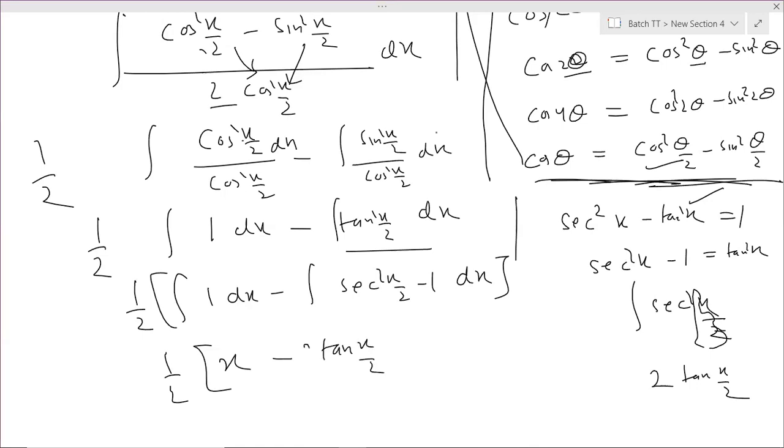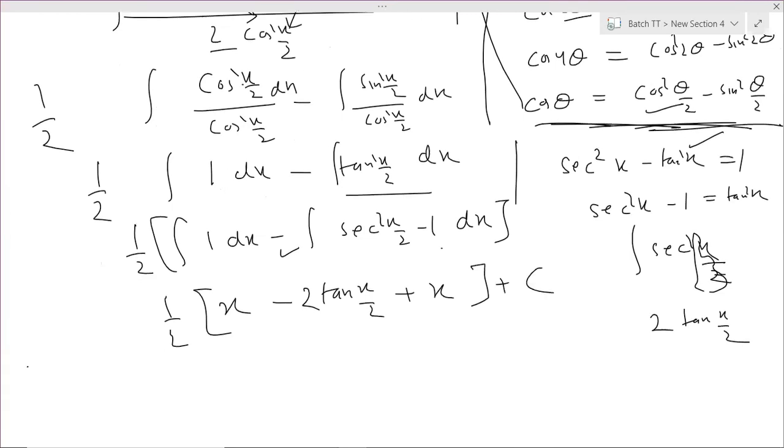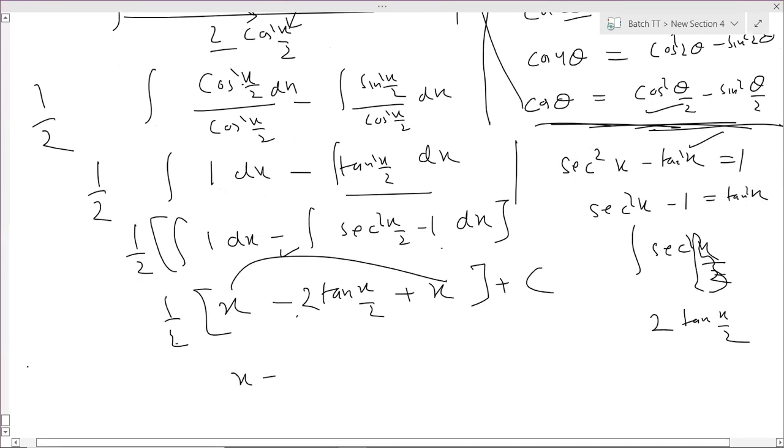And this is minus, so the minus with minus gives plus, and the integration of 1 will be x. So this is 2x minus 2 tan x by 2, and this is half, so x minus tan x by 2. Kinza, there is no half, right? So you had the correct answer.